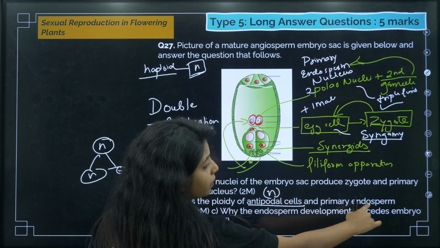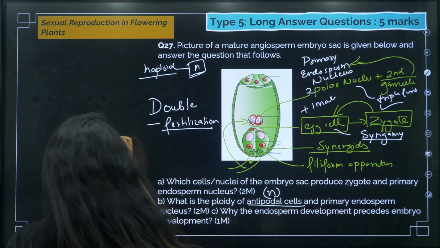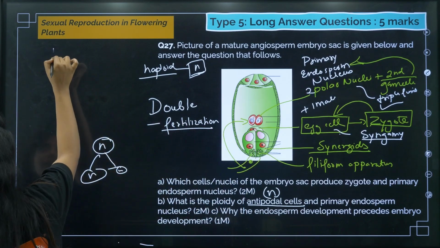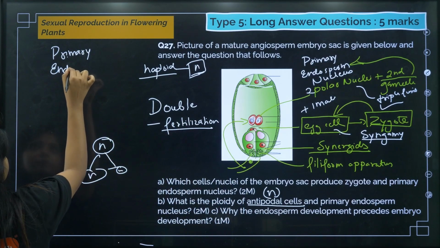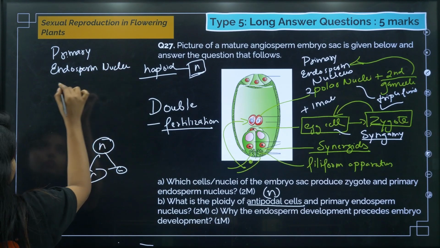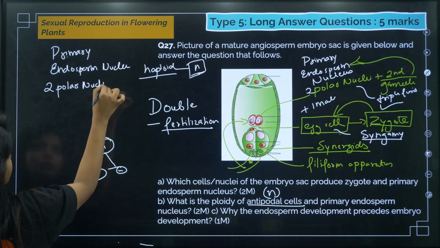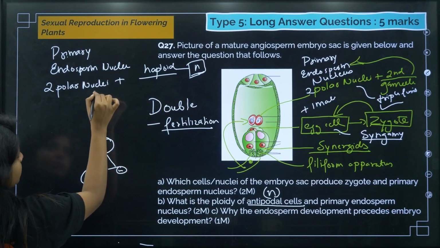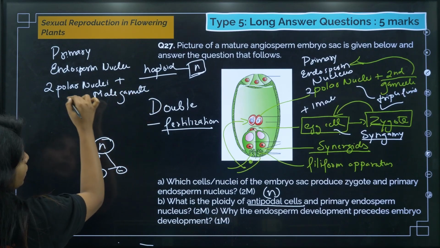But what about the primary endosperm nucleus? In the case of the primary endosperm nucleus, I am writing it over here. It has 2 polar nuclei plus the male gamete.